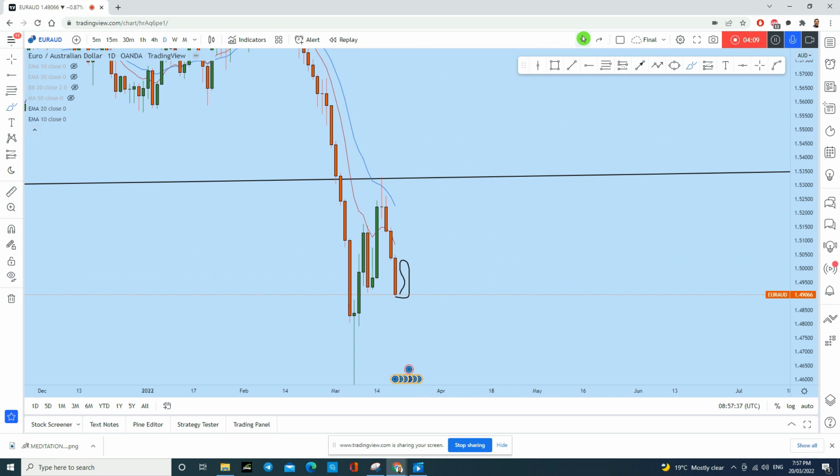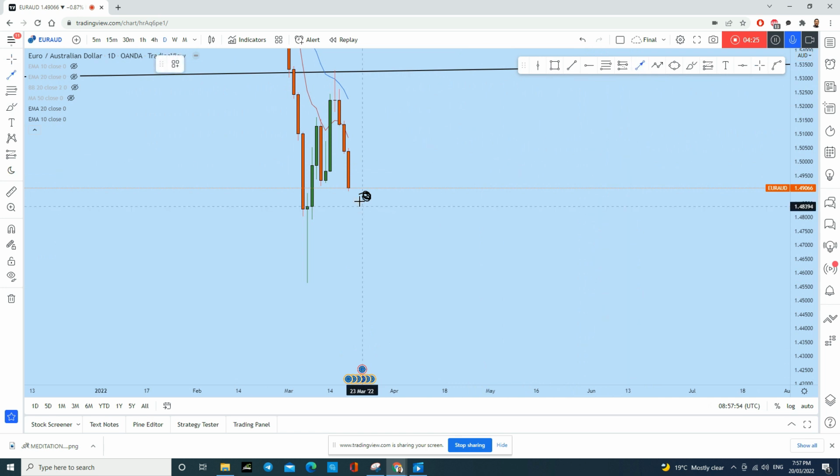Another possibility is to open with a gap, because the price already broke this daily level of support here. So if it breaks with a gap on the daily time frame in the new trading week, then we might see Euro AUD dropping directly from here.